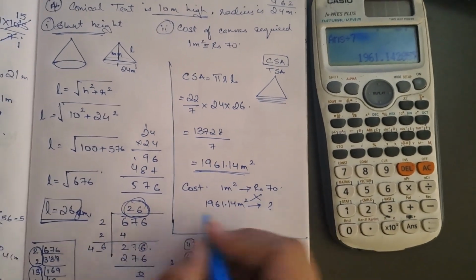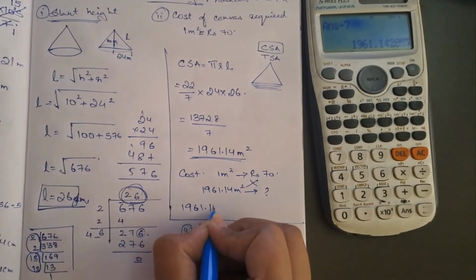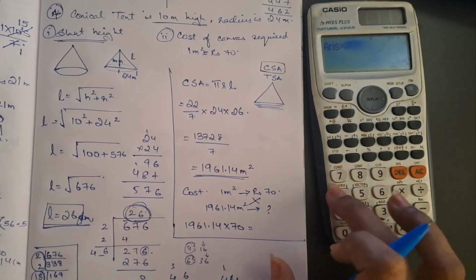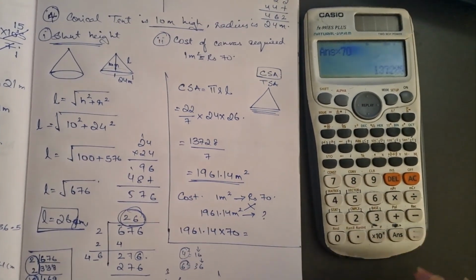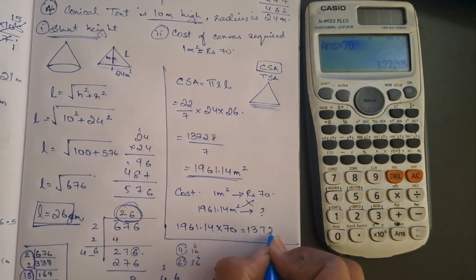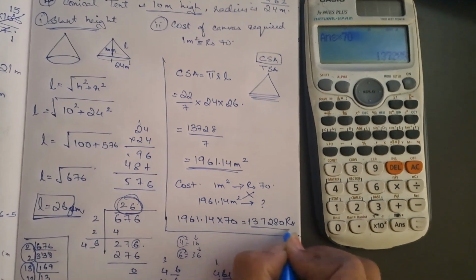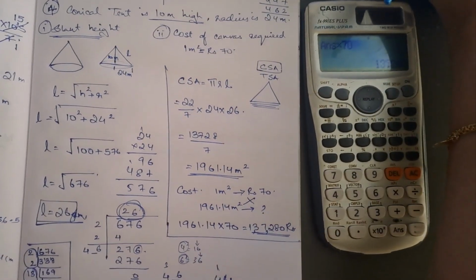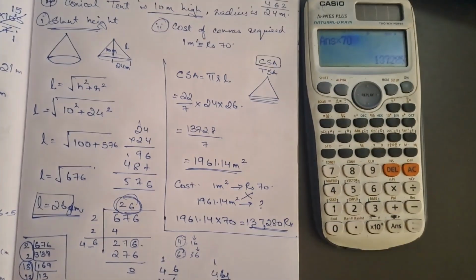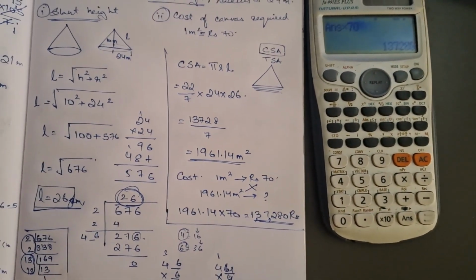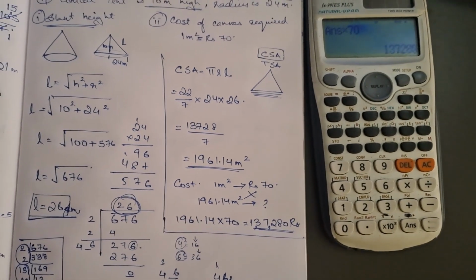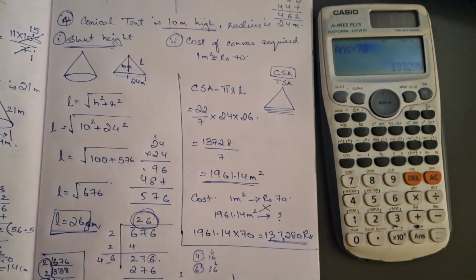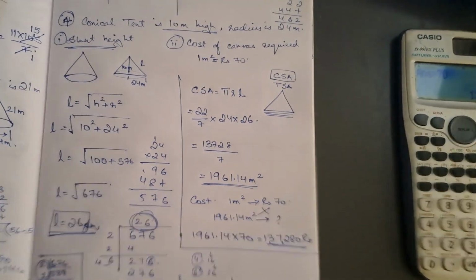Then cross multiply them. 1961.14 times 70 goes as 137,280 rupees will be required, that is 1,37,280 rupees will be the cost that will be required to make the canvas of this particular height and radius.